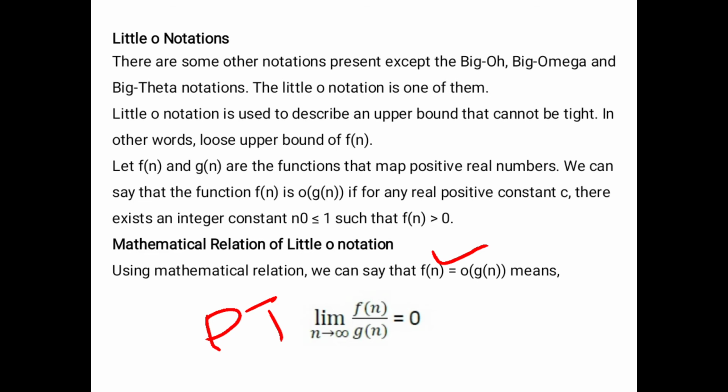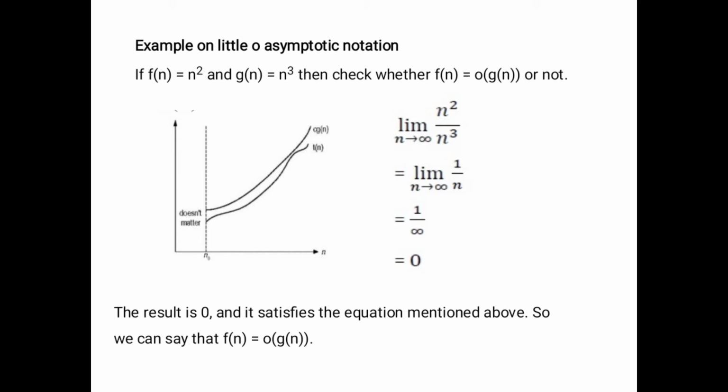Then we must satisfy this mathematical condition. Listen here: if f of n equals n square and g of n equals n raised to 3, check whether f of n equals little o of g of n or not. Two functions are given, f of n and g of n.